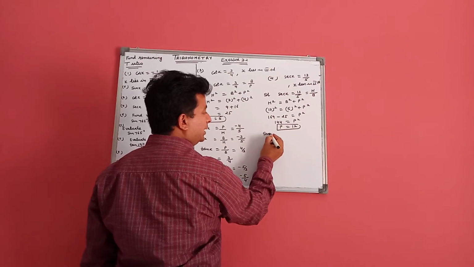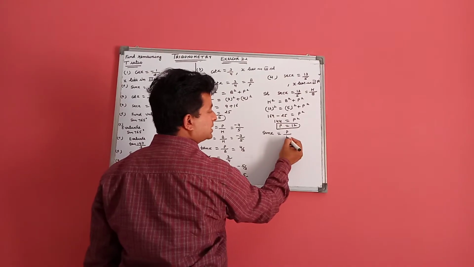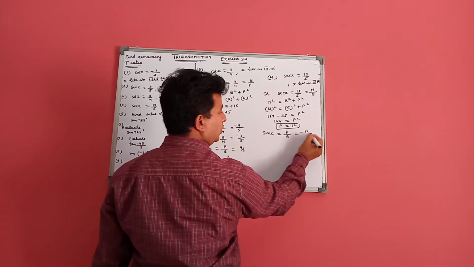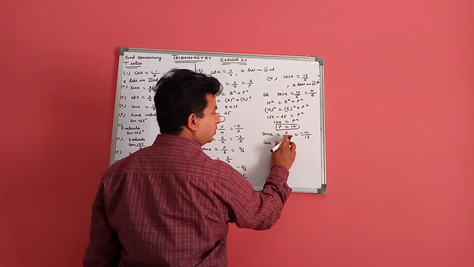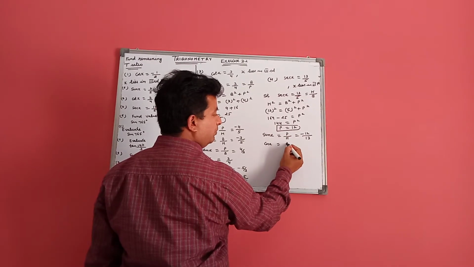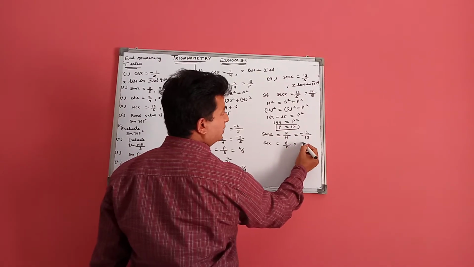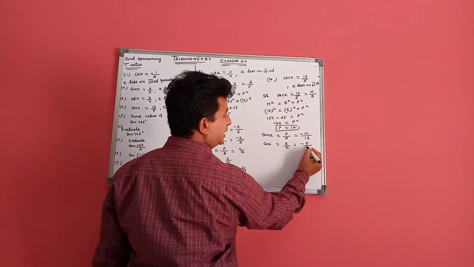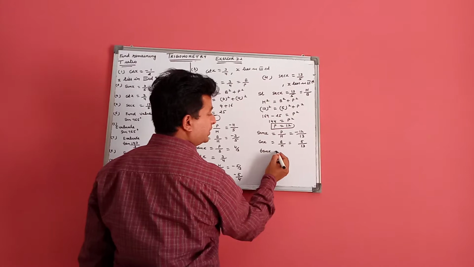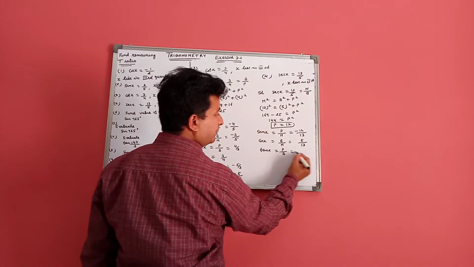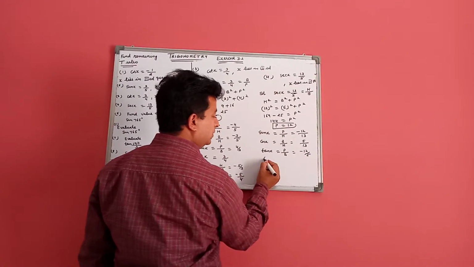As we know, in the fourth quadrant, sine is negative. Only cos and its reciprocal are positive. Cos is base over hypotenuse, base is 5, hypotenuse 13, it becomes positive. Tan is perpendicular over base, it is negative.